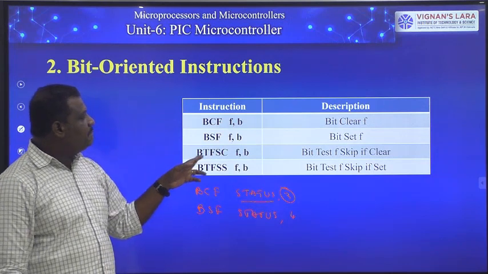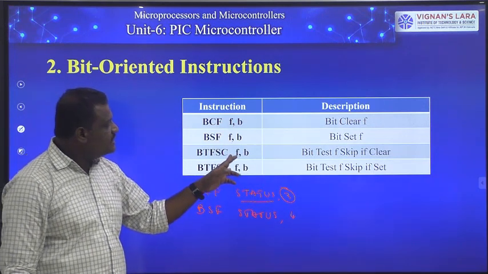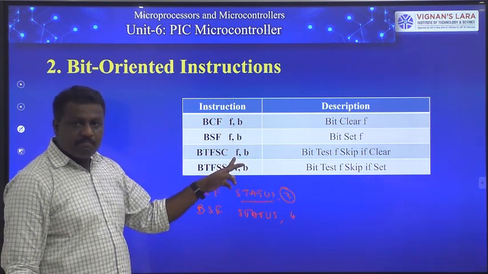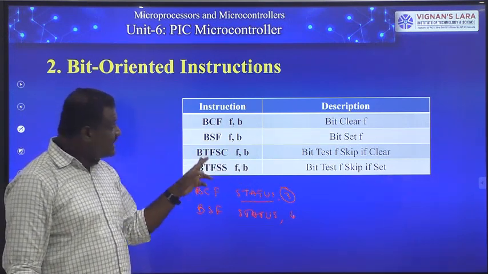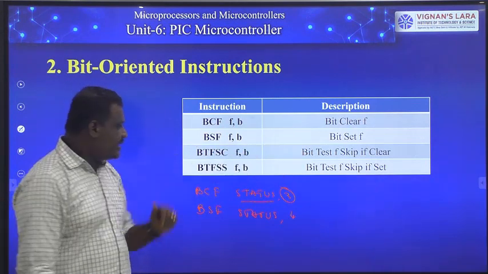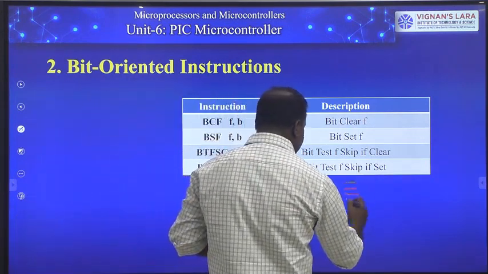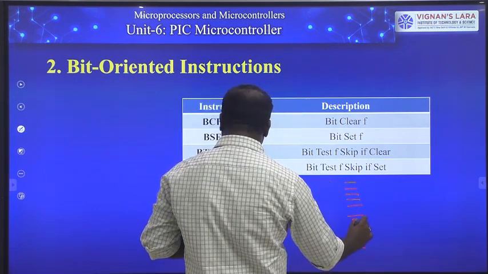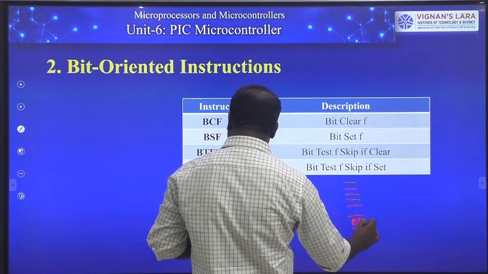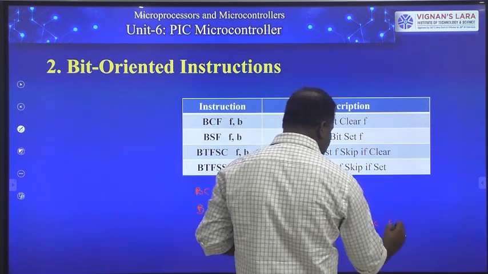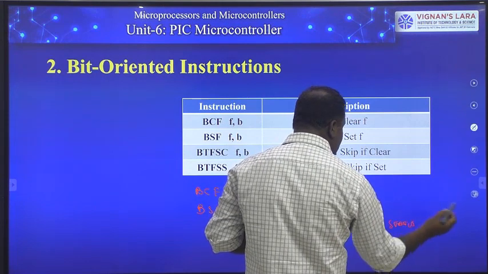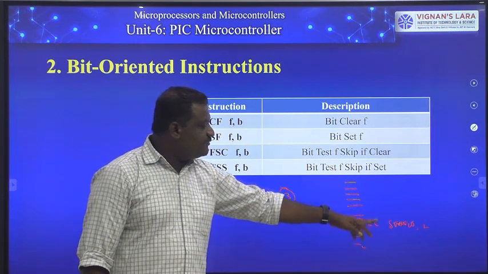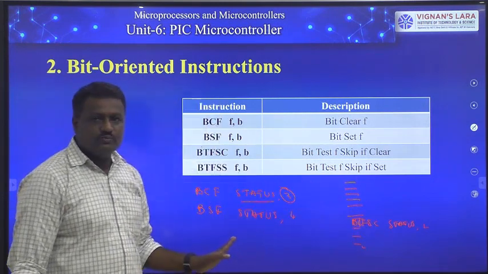And next one is BTFSC F, B, which means bit test of F, skip if it is clear. Alright, example of this. This is a program, friends. Somewhere else here I have an instruction BTFSC STATUS, 2.